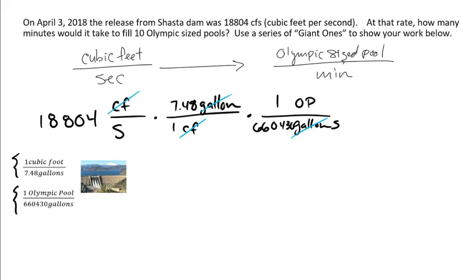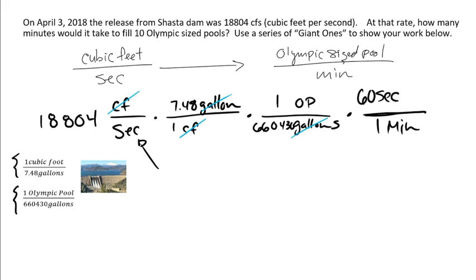So what I'm going to do is make my seconds go away. My seconds are currently right here in the denominator. So I'm going to put seconds in the numerator, and I'm going to put minutes in the denominator. And I know that 60 seconds is the same thing as 1 minute.